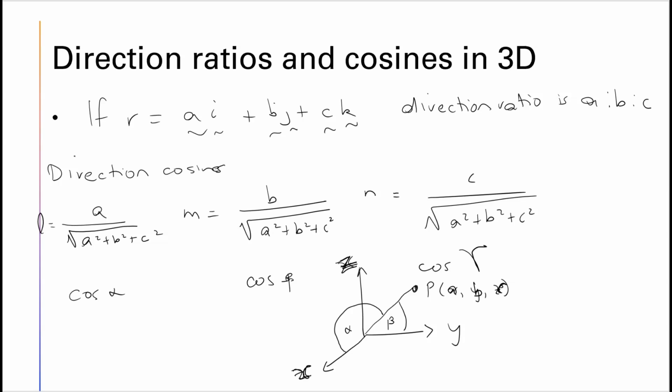And so alpha is from P to the x-axis, beta is from P to the y-axis, and then gamma is in there from P to the z-axis.